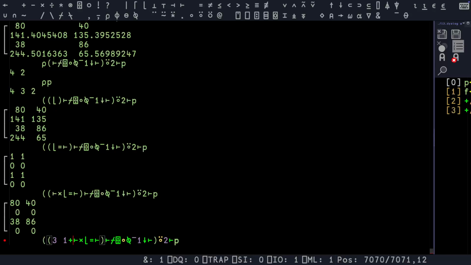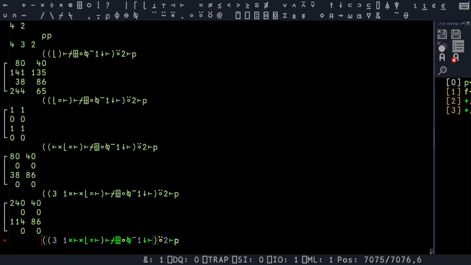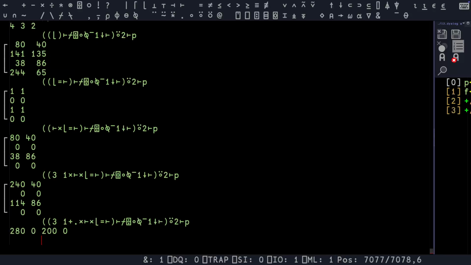And so we can just multiply by 3, 1 here, and we get this. If we want to get fancy, we can do plus dot times here. This would be vector multiplication. This just multiplies the 2 vectors together and then sums it so that we get a single answer.